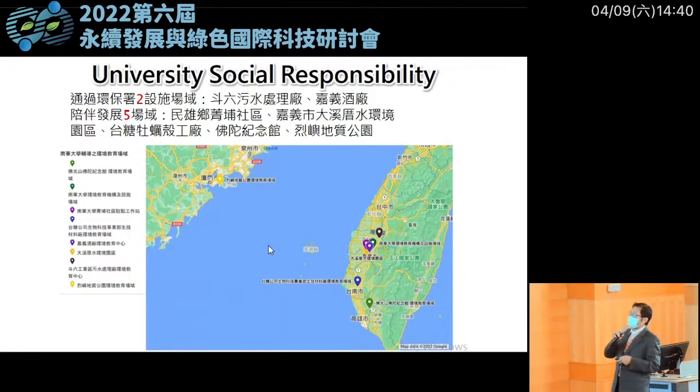Now we have the other 5 facilities, including Minxiong, Jiayi Si, the Taiwan Sugar Company, the Foto Jinguan, and even here in Liyue. We hope these 5 places can get the certification of environmental education.